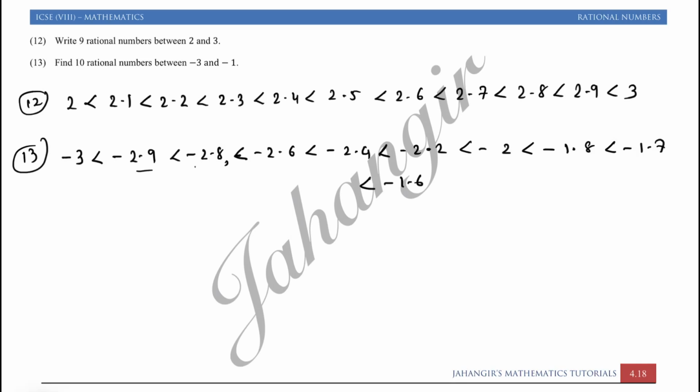Let us count 1 2 3 4 5 6 7 8 9, 9 and one more, -1.4 and then -1. So here we get 10 rational numbers, but in place of 10 you can even put 20 or 30, as many rational numbers as you want between two rational numbers.